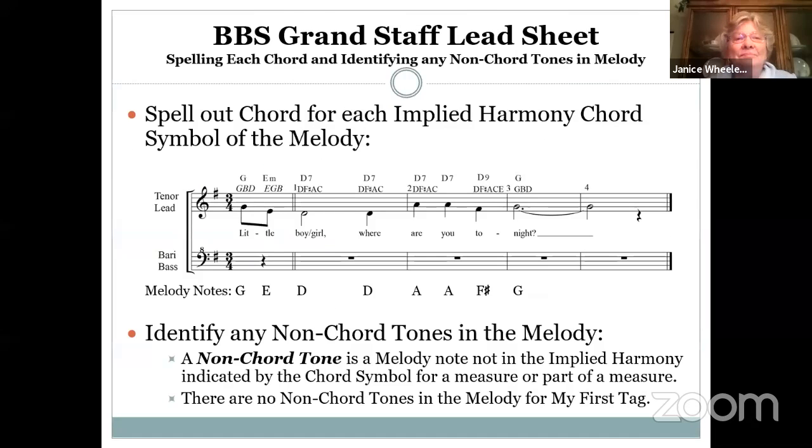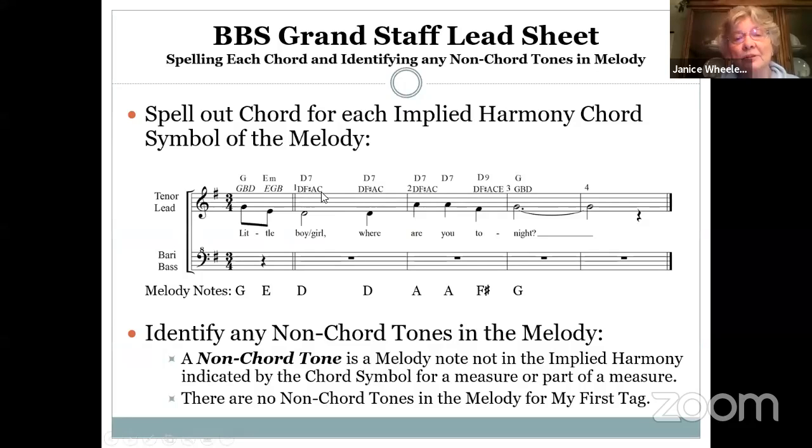The first thing I like to do when I work on deciding voice notes for voice parts is to spell out the chord for each implied harmony chord symbol of the melody. So there above the treble clef, you can see that I've done that. G major is spelled GBD, E minor is spelled EGB, and so forth.